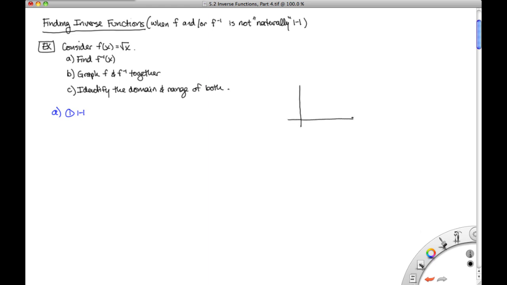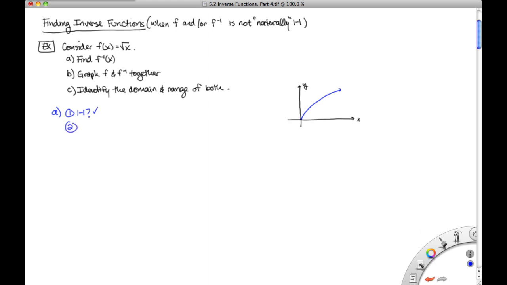As we should know, the square root of x looks something like this. We've got a point at the origin, and then a curve that looks like this. Looking at this, it seems pretty clear that we've got a one-to-one function because it passes the horizontal line test and would therefore be invertible.